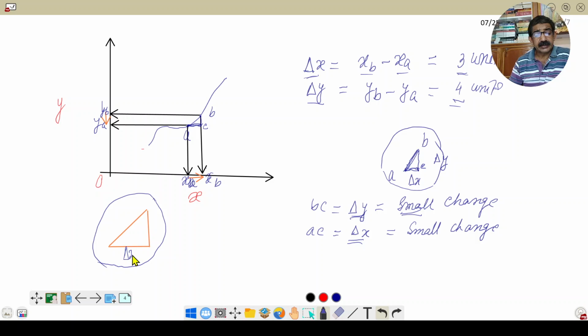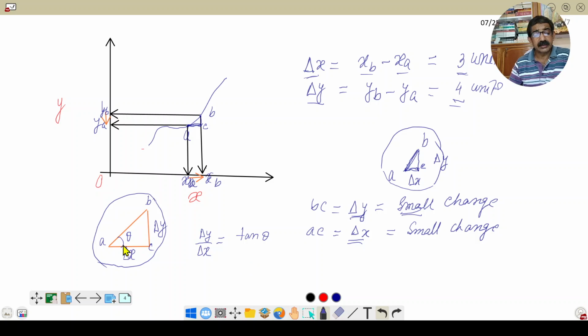This is delta x, and this is delta y, and this is point A, this is point B, and this is point C. Suppose this angle is theta. We know from trigonometry, delta y by delta x is equal to tan theta, height by base.